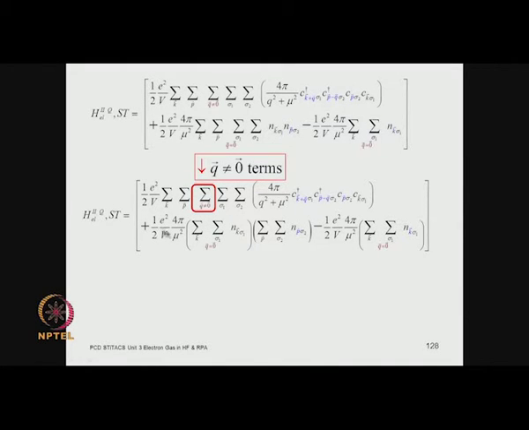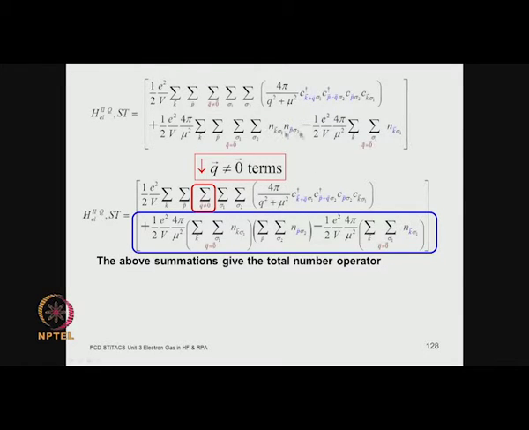Okay. Now, this is the term corresponding to q not equal to 0, and the lower two terms in the second line over here correspond to the q equal to 0 contribution. This is coming from the q equal to 0 contribution, this is also coming from the q equal to 0 contribution, but for this you are summing over all values of k and over all values of sigma 1. So, that is really the total number operator, right. You get the total number operator when you sum over all the states.